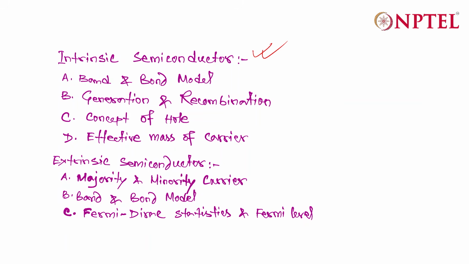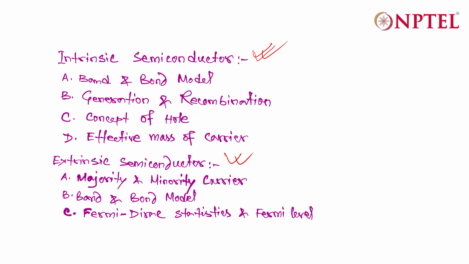Then in both intrinsic and extrinsic semiconductors, we will see different properties like band model and bond model, and a concept called generation and recombination, because this concept is very important as well.